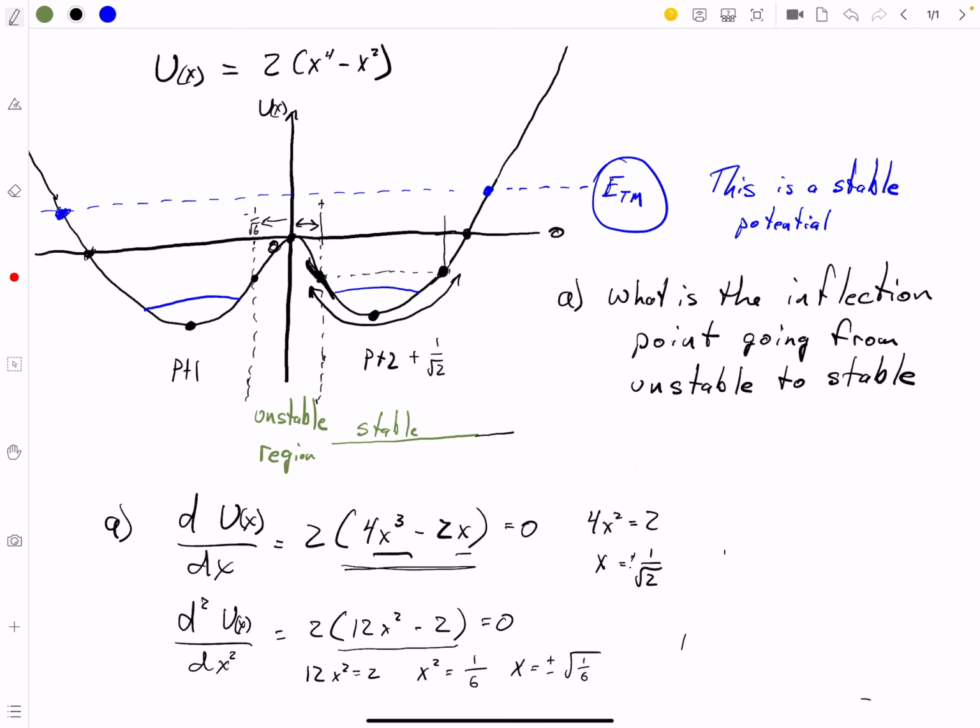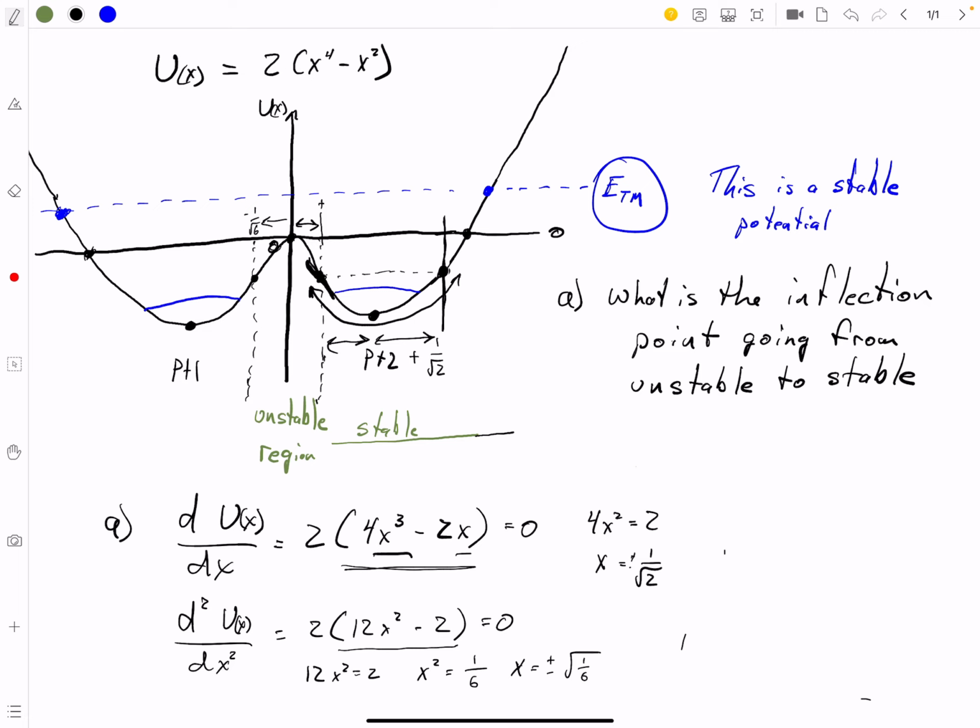An estimate of this point right there would be to take this distance and add it to this distance. There are other ways to find out what that is. What's a better way to find out what that point is?